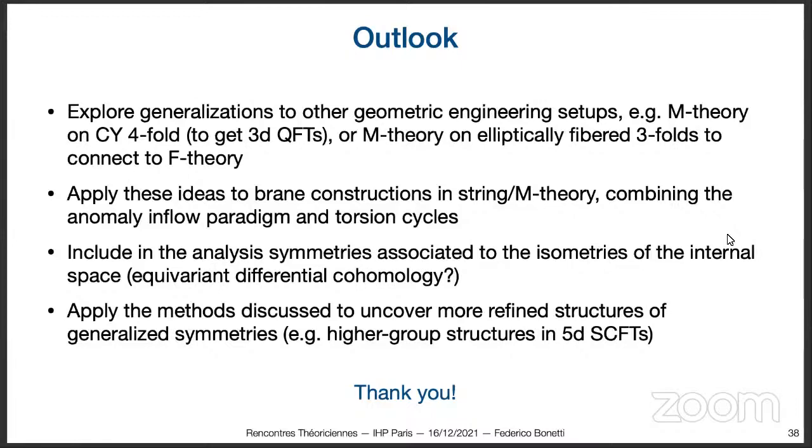And what is nice about these objects is that they're a little abstract, but they know about both local gauge invariant data about the gauge field, such as the field strength, and non-local gauge invariant data, such as holonomies.